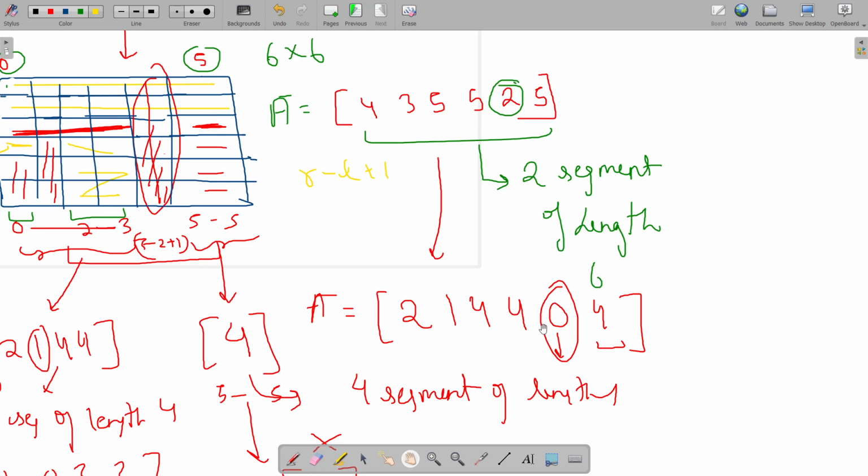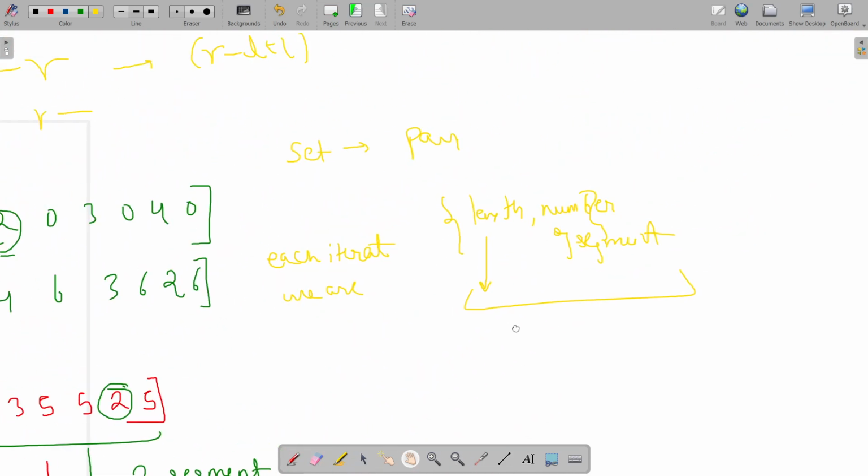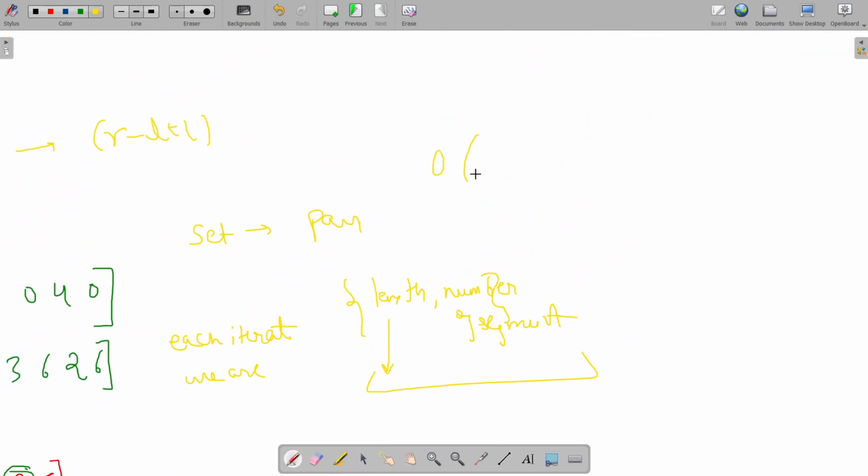And then this column became 0. So after each iteration, one column will become 0. So we will have at most order of n iterations, and in each iteration we are finding the minimum. So it will take order log n time, and we are also adding it to a set. So the overall complexity is, I think, of the order n log n only.